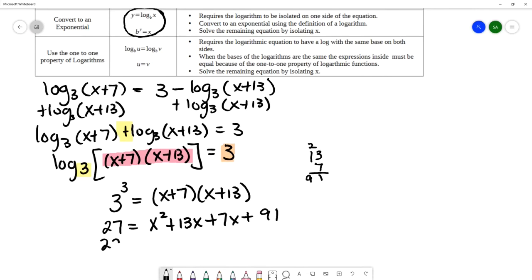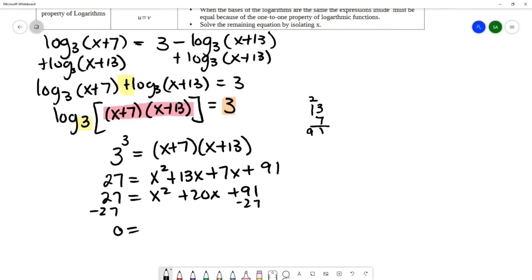That's 27 equals x squared plus 20x plus 91. I'm going to subtract 27 on both sides. That gives 0 equals x squared plus 20x plus, if I do that subtraction, I need to borrow from the 9, and 11 minus 7 would be 4, so we have plus 64.